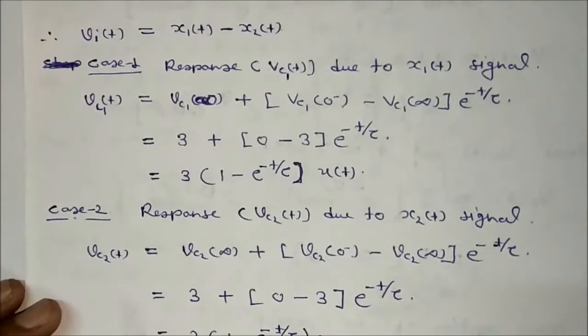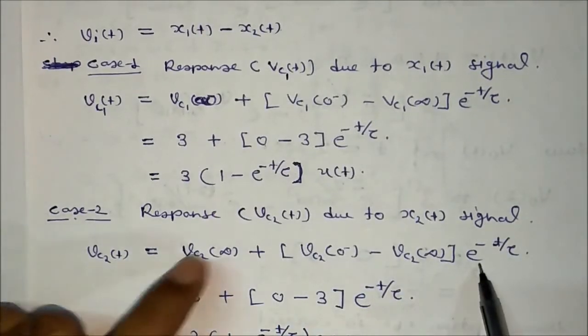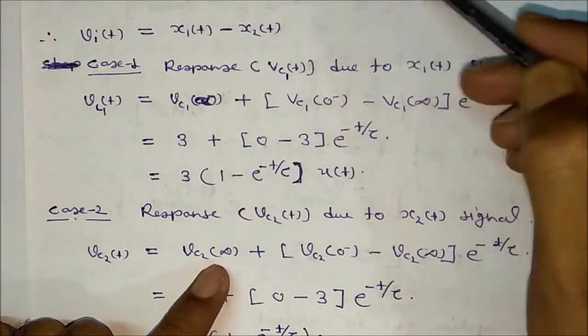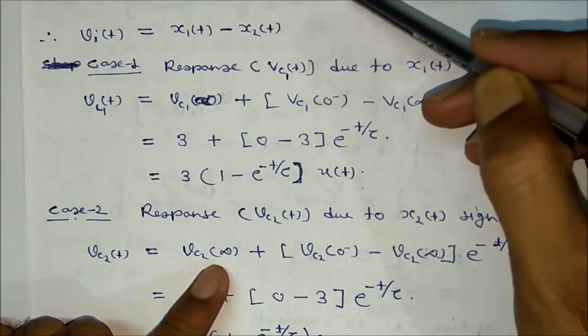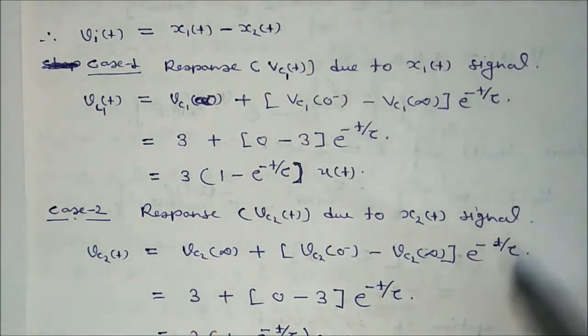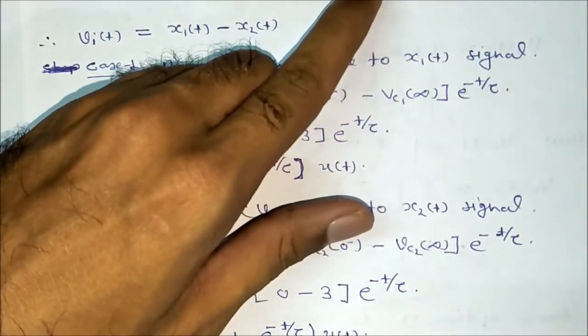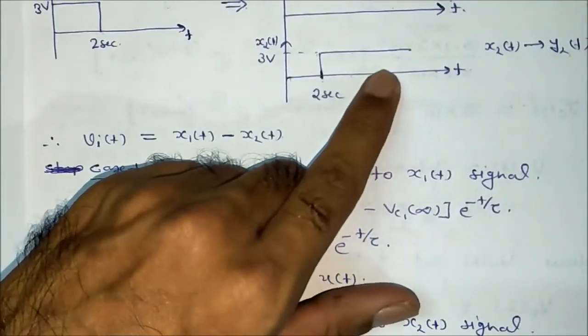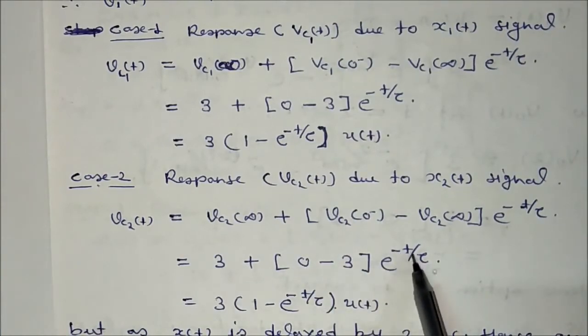Similarly for the x2t signal, what will I get, in the same manner. The infinite value will be what? That is equal to 3 volt again. Why? Because at t exactly equal to infinite, the value it is showing is 3 volt. So this one is 3 volt, this one is already 0, this is 3 e to the power minus t by tau.